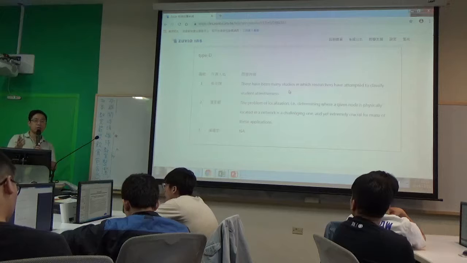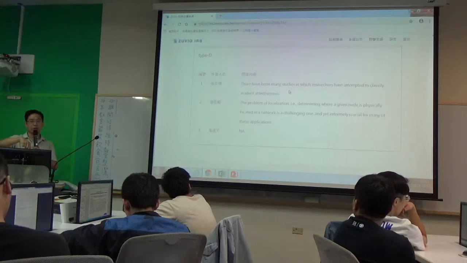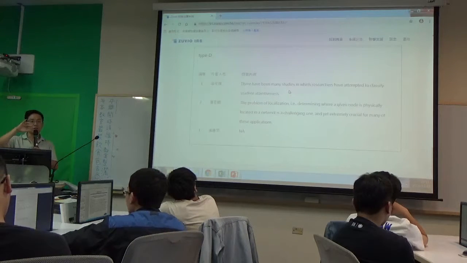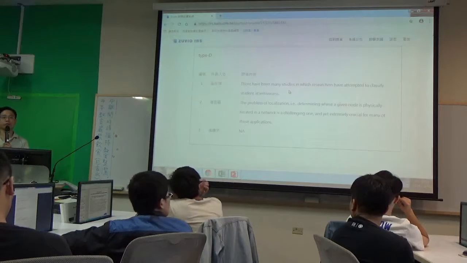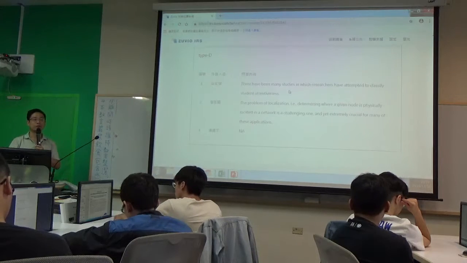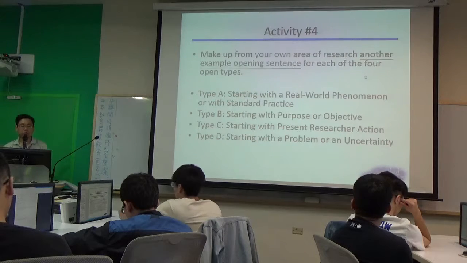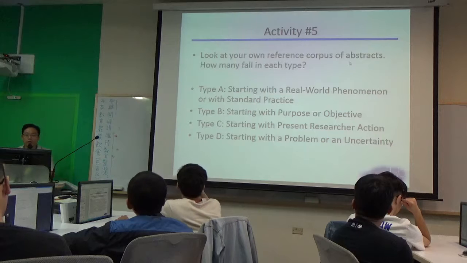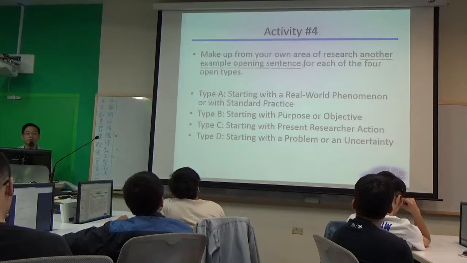One sentence more like type D will be close to this sentence, but I don't feel like this sentence is a problem or uncertainty. This is a consequence after they have a problem. Okay. All right, let's discuss. So we finished activity number 4, and actually this is activity number 5.